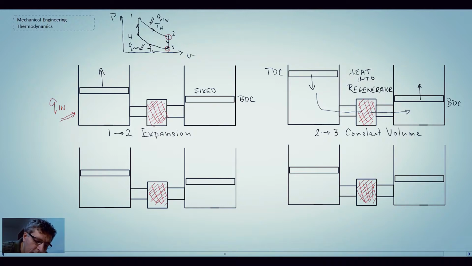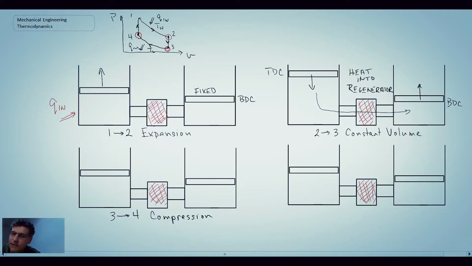Let's now look at 3 through 4. This is where we're rejecting thermal energy at a constant temperature. And the rejection will be from the cold cylinder. So this is going to be 3 through 4, and we refer to it as a compression process.